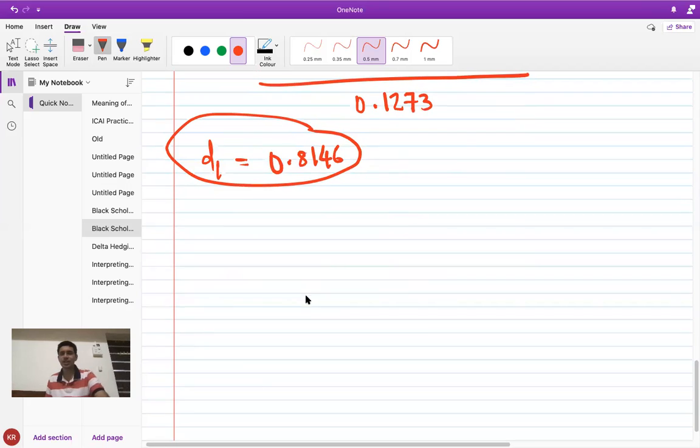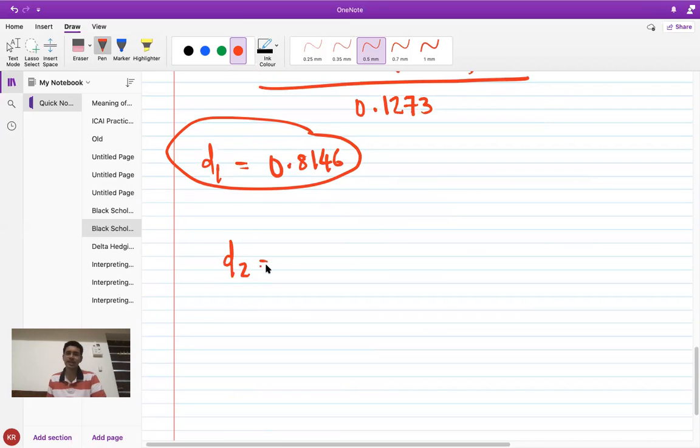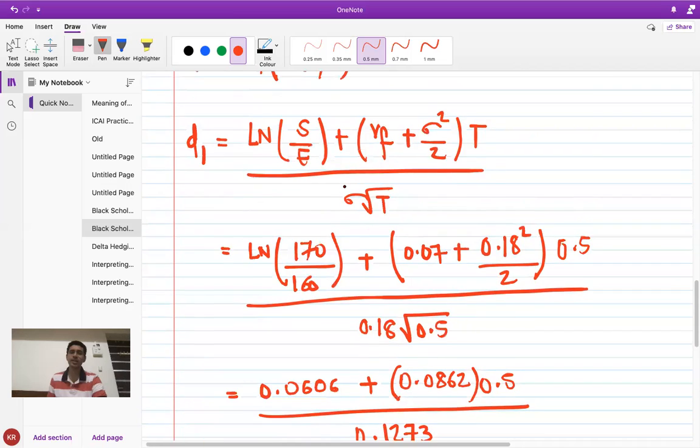D2 is equal to D1 minus sigma square root of T. D1 is nothing but 0.8146. Apologies. Sigma root T was nothing but the denominator in D1, right?